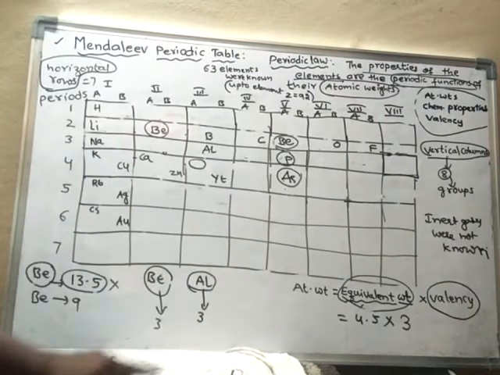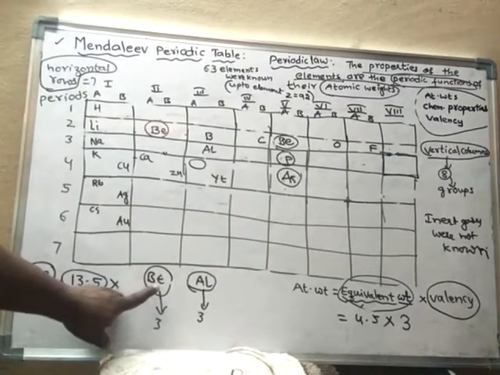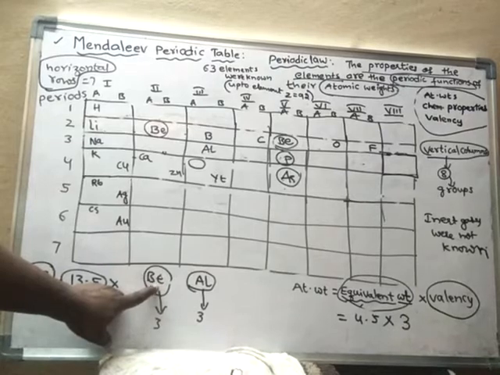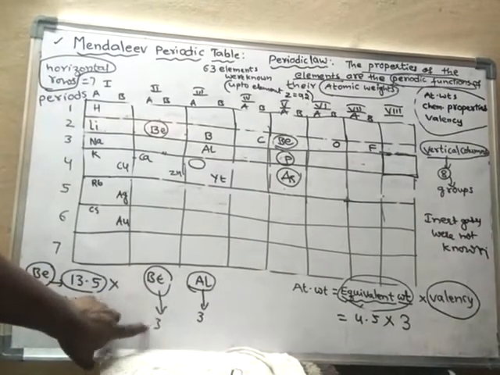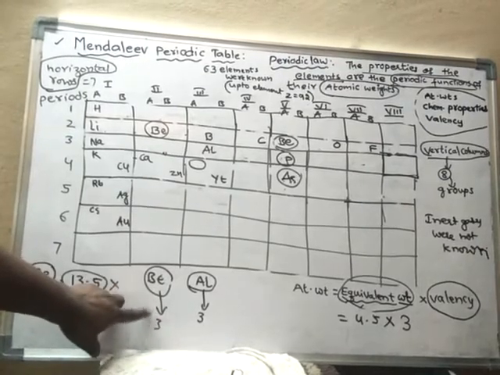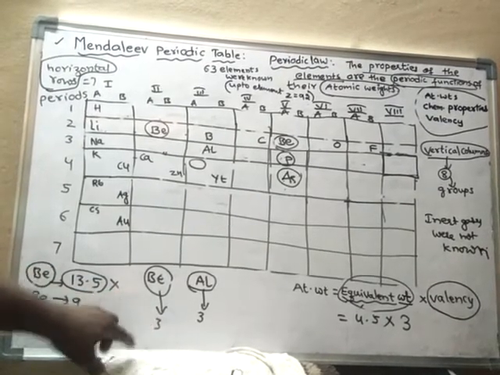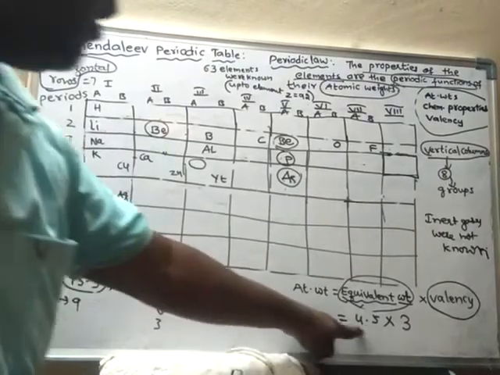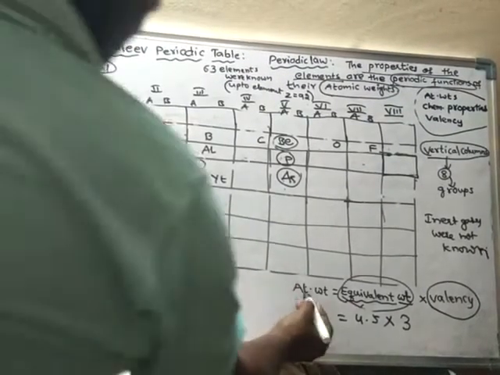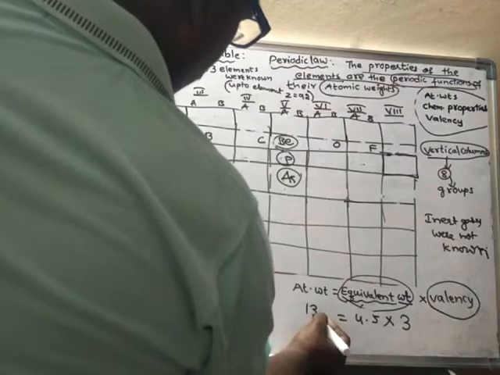So with that idea, the previous scientists assumed the valency of beryllium to be 3. So with that idea, they calculated the atomic weight as 13.5.